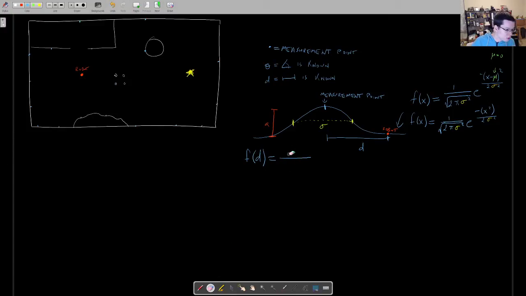So one divided by the square root of 2 pi sigma squared, times e to the negative d squared over 2 sigma squared.